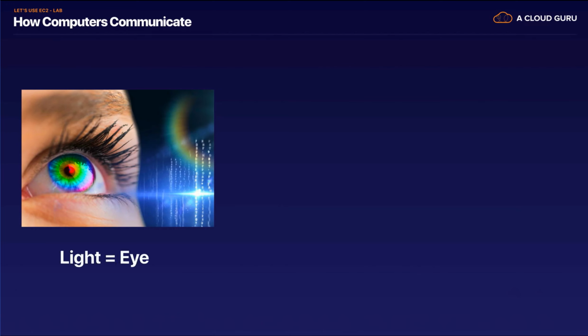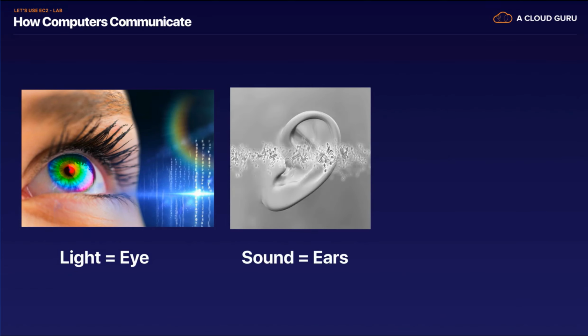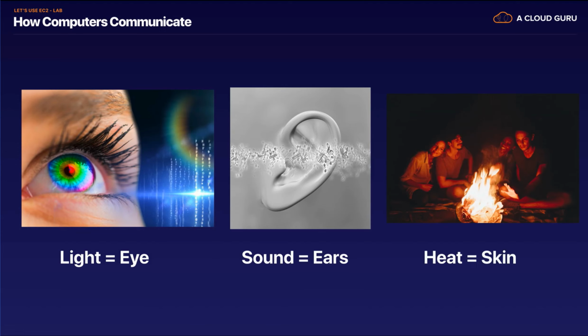So light is transmitted, and your eye receives light and makes sense of that information. Likewise, your ear will hear sound, and likewise your skin can feel heat. So that's the way human beings work. We have different parts of our body, and they can each interpret different sources of information.